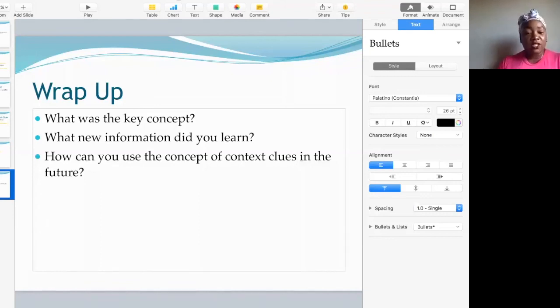Any other questions? Okay. So is this concept clear to everyone? Very good, Shay. She says it helps me to learn new words and improve my vocabulary. Very good. Awesome.